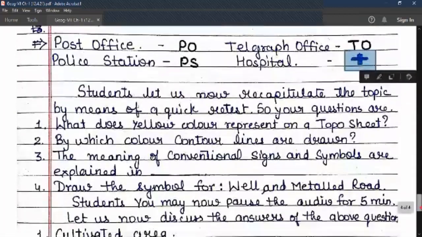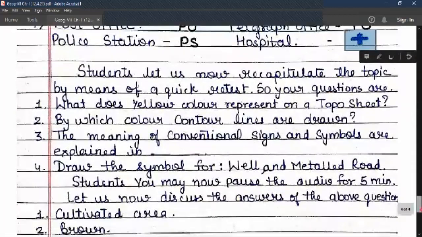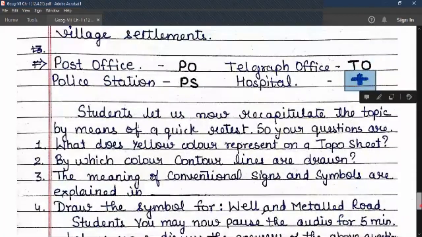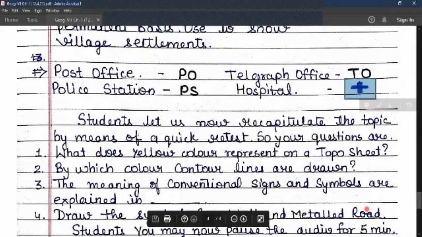Now students, let us recapitulate the topic by means of a quick retest. So your questions are: number 1, what does yellow color represent on a topo sheet? Number 2, by which color contour lines are drawn?